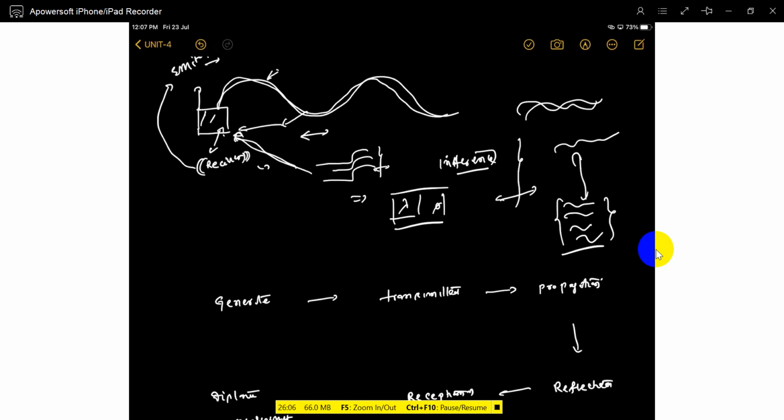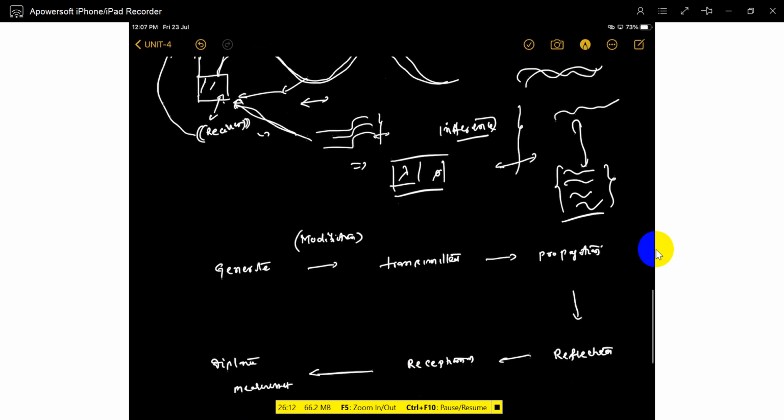So what will we do? We will do a modification of our original signal. Modification means we will modify our signal compared with the remaining surrounding signals. Maybe so many amplitudes, frequencies and wavelengths are generated or already present in our surroundings.